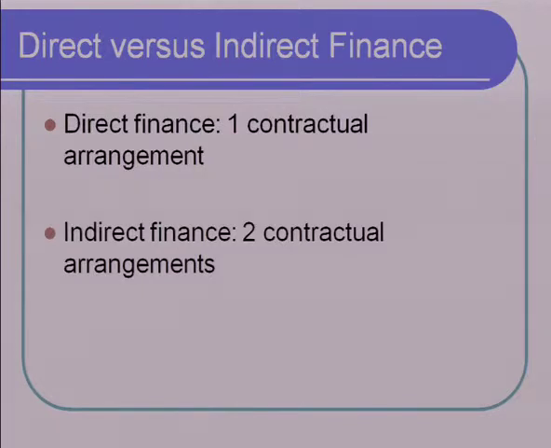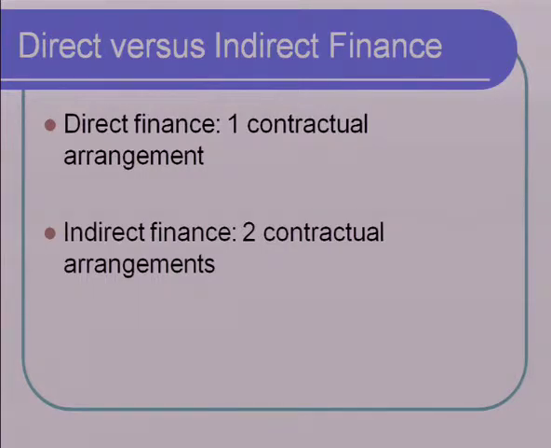There's a very important distinction in financial markets, and that's between what we call direct finance and indirect finance. Indirect finance refers to finance that's provided with the aid of a financial intermediary. A commercial bank is a good example.